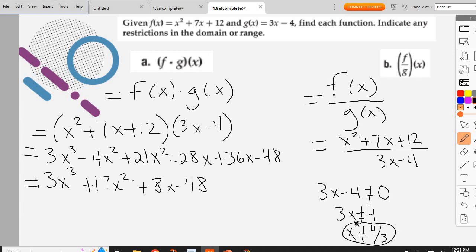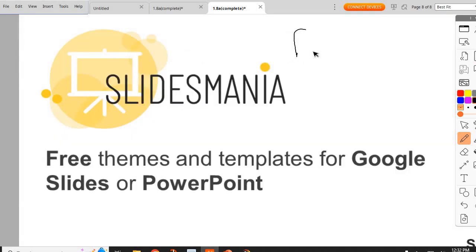So, just as a reminder, if we had something where we ended up, say, with the square root of x plus 2, okay, how would I find my domain of that?